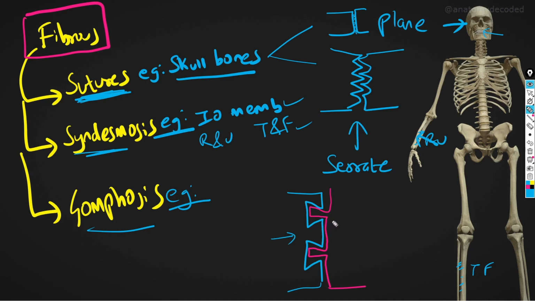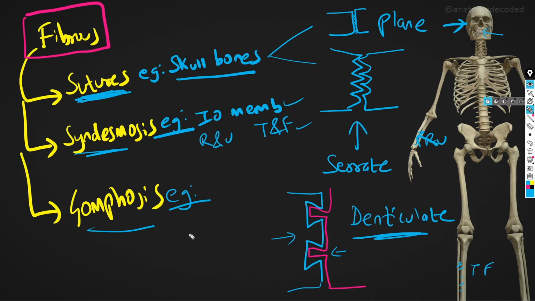If there are tooth-like projections, it is referred to as a denticulate suture. If there are plane surfaces, it is a plane suture. Saw-like, it is a serrate suture. Tooth-like, it is a denticulate suture.